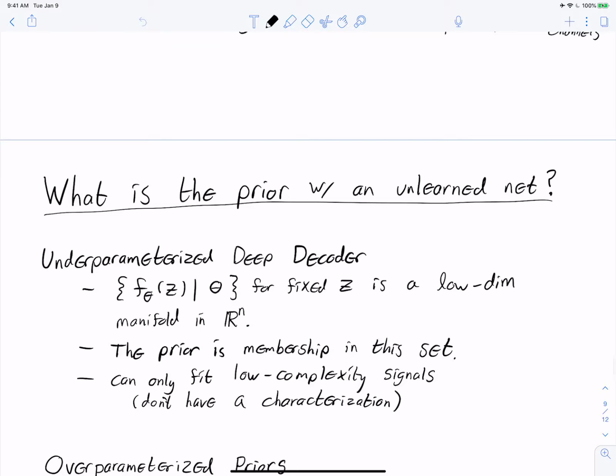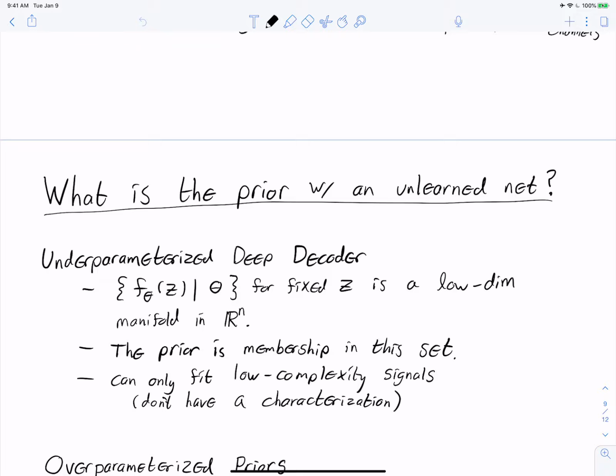So we have seen a couple of varieties of unlearned nets, and so it's natural to ask, what is the prior with an unlearned net? Can we articulate what the net likes and what the net doesn't like? An underparameterized deep decoder may be the easiest case to discuss, but it's still fairly difficult.